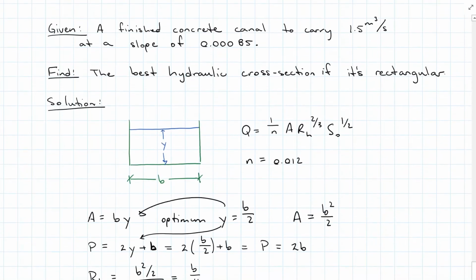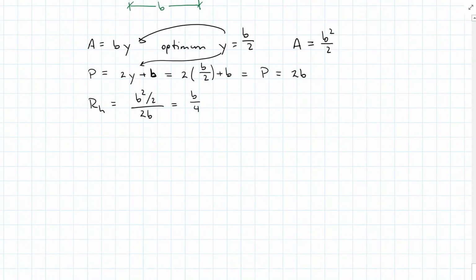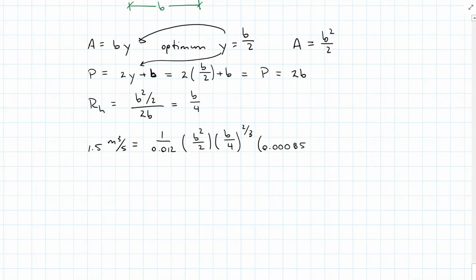I have a flow rate, a slope, an area, and a hydraulic radius. So let's plug it all in. 1.5 meters cubed per second is equal to 1 divided by 0.012 times my area, b squared divided by 2, times my hydraulic radius, b divided by 4 to the 2/3, times my slope, 0.00085 to the 1/2.